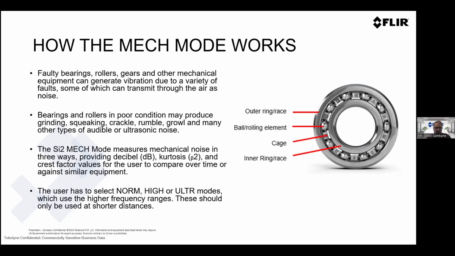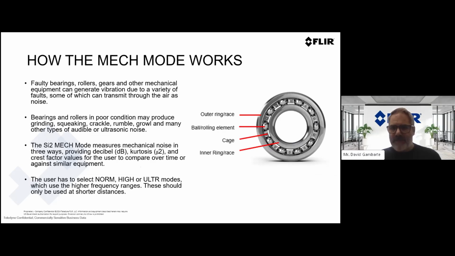So the user has to select normal, high, or ultra modes, filter mode. So that basically means that we have three different filters that we have in other applications in the camera. And by playing with those filters, you will be able to find the best way of showing the data on a screen to be able to analyze what kind of fault you have.